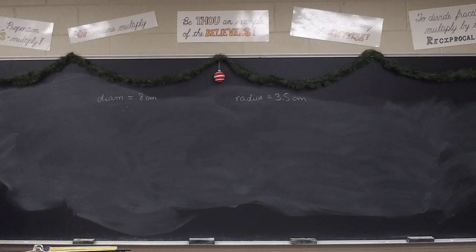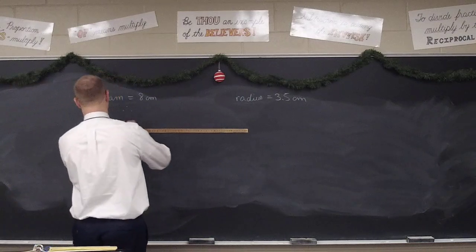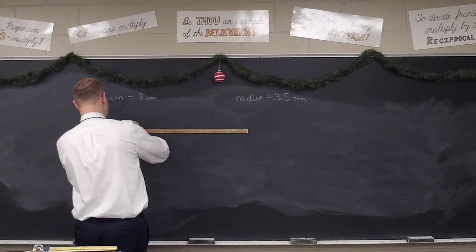If it says the diameter is 8 centimeters, do I need to open up my compass 8 centimeters? No, class, I just open it 4 centimeters. Make sure you measure off 4 centimeters.